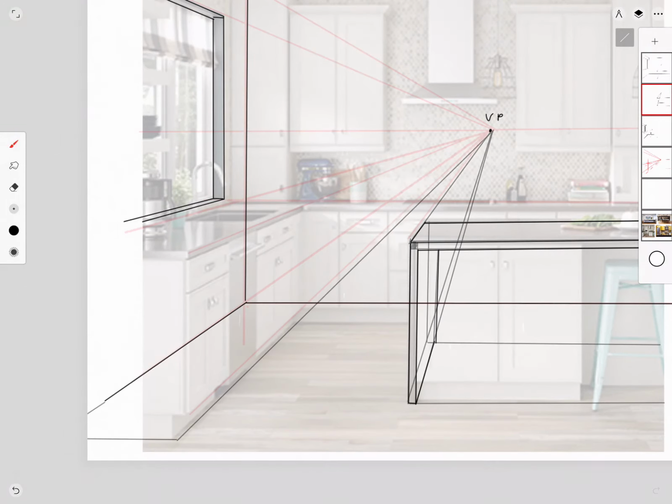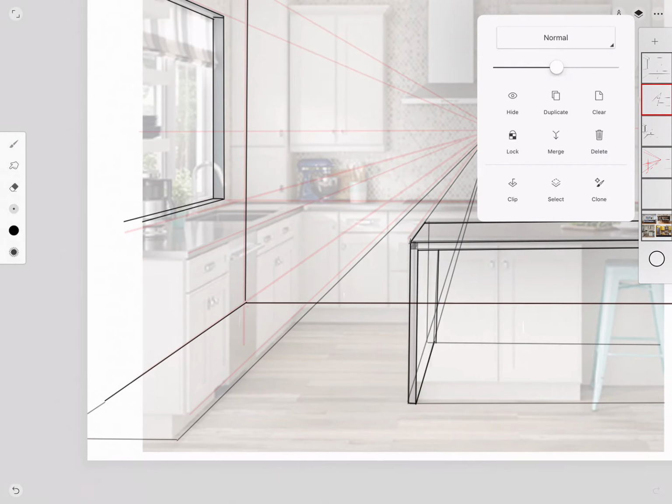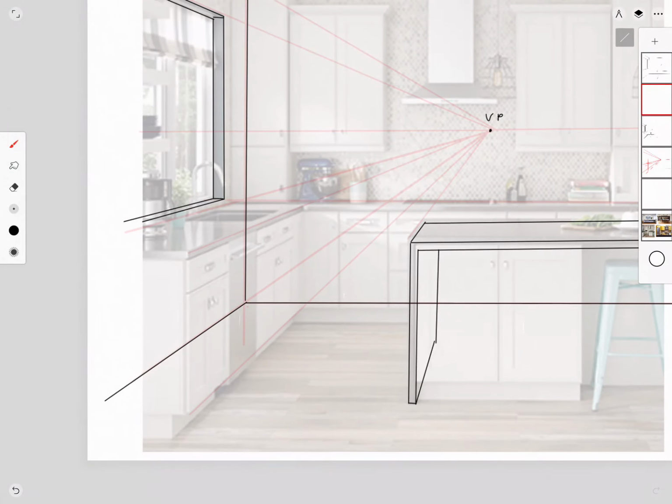Then I draw a line to the vanishing point. Okay, and hold on, actually I will clear this one, so I have here only construction lines for the next part.